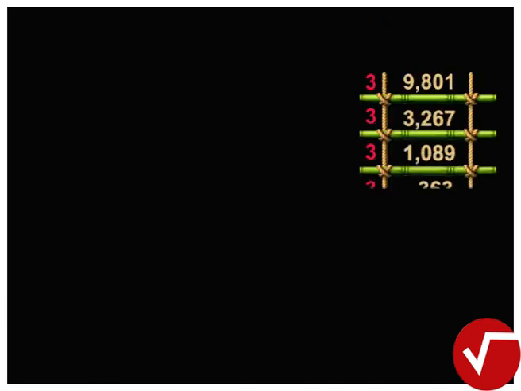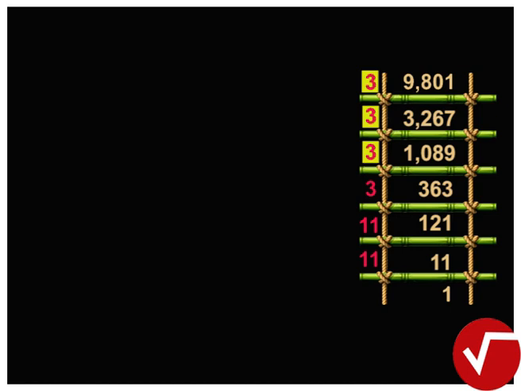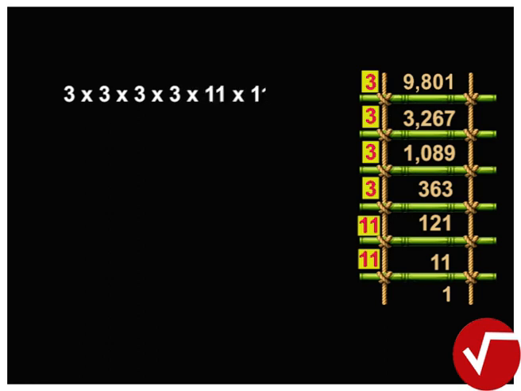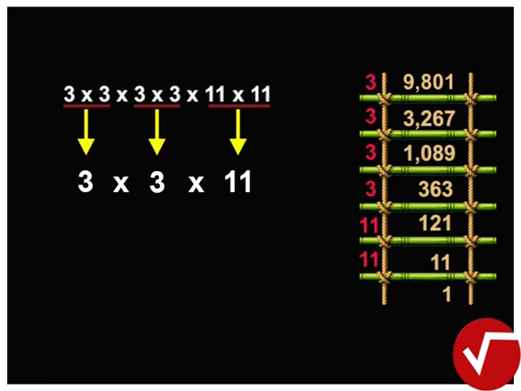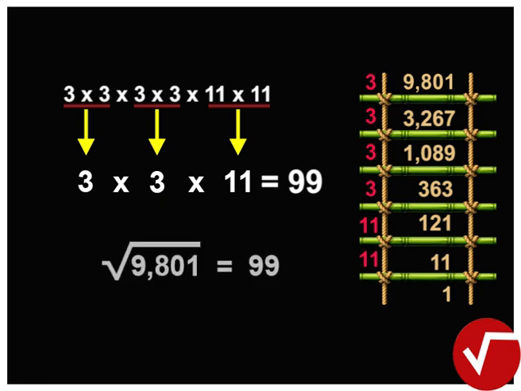Let's do the final step and write the numbers we got on the left of the ladder to make pairs. We have 3 times 3 times 3 times 3 times 11 times 11. Taking one number from each pair, we get 3 times 3 times 11, which is 99. Therefore, the square root of 9801 is 99.